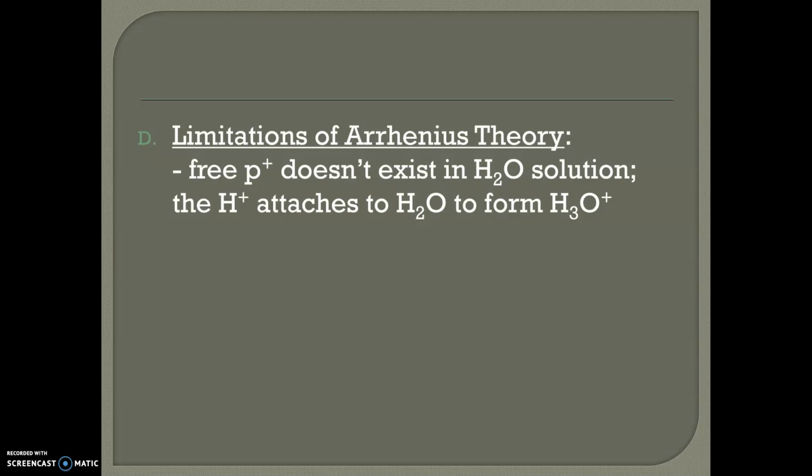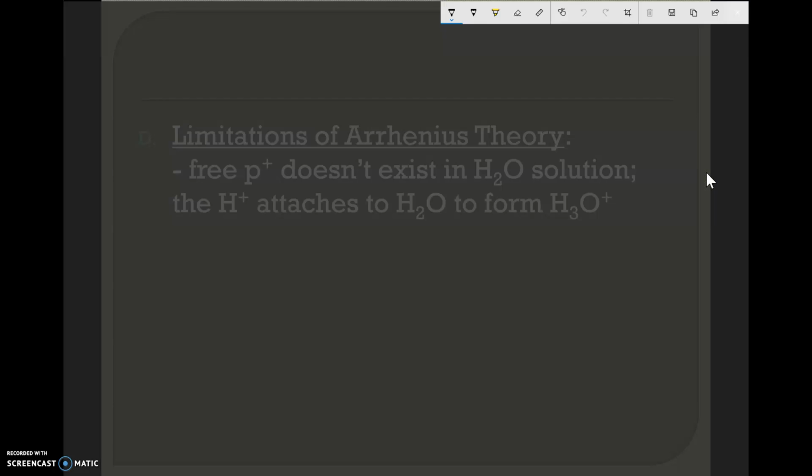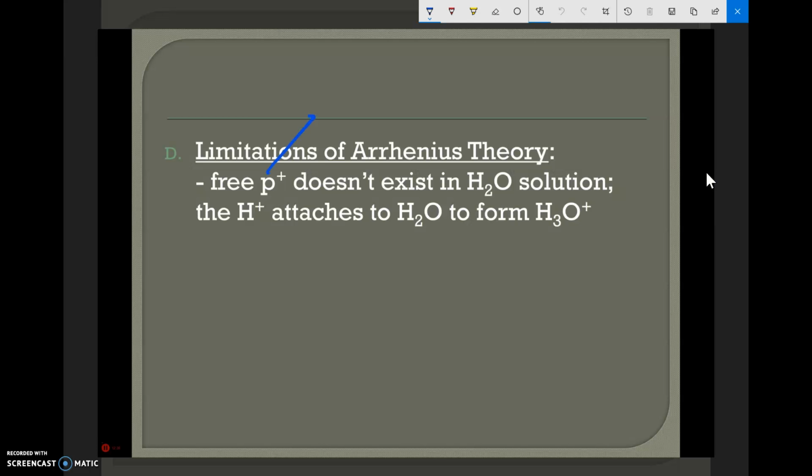So whenever we say proton, you need to remember that a proton and a hydrogen ion have the same mass and the same charge. So a proton and a hydrogen ion are used interchangeably. So whenever you see a proton, you can think to yourself, hydrogen ion, because both of them have a mass of 1 and a charge of 1.